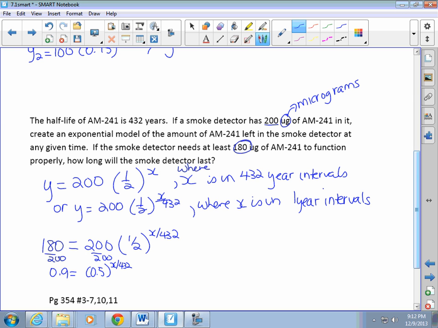And unfortunately, the easiest way to get this one is just trial and error. You're just going to plug in some values in there to see what you get. You can start with some small values like trying 10 divided by 432. So 10, that would be 10 years that this took, not 10 intervals. That wouldn't be 4,320.